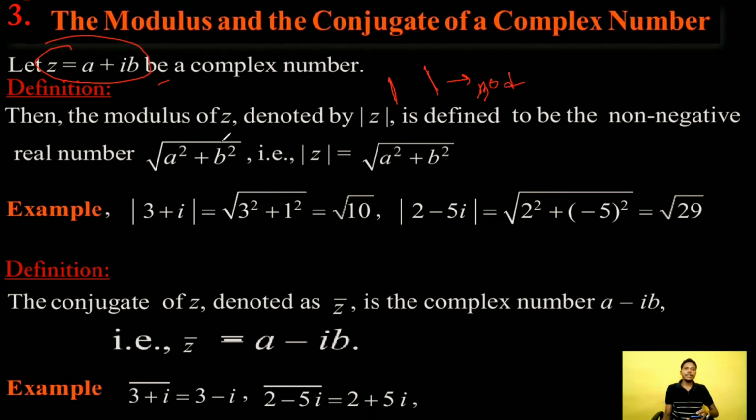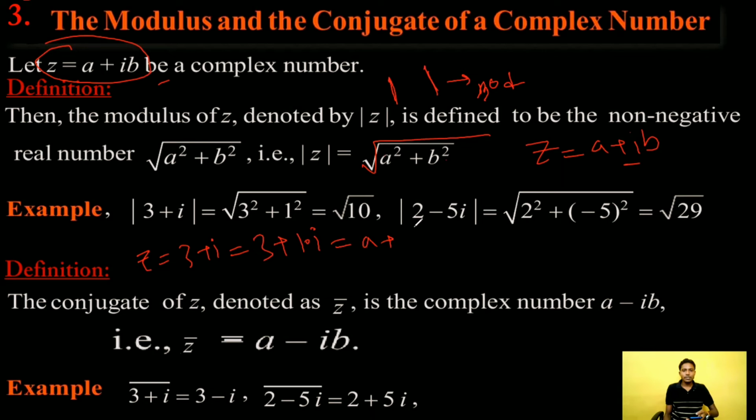Mod z is equal to root over of a square plus b square, where z equal to a plus ib. This is an example. z equal to 3 plus i, which is 3 plus 1 into i. This is of the form a plus ib, which implies a equal to 3 and b equal to 1. So mod z is equal to root over of 3 square plus 1 square. Clear? Similarly, this is another example.